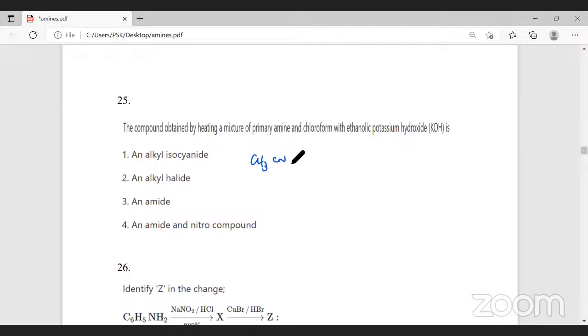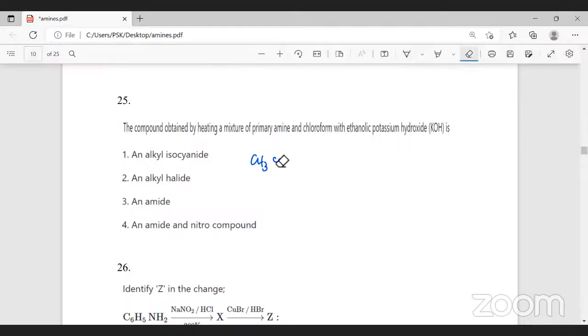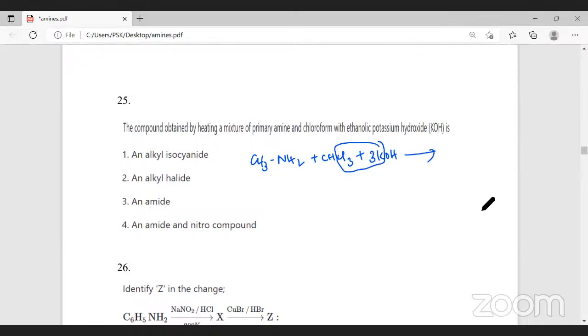Primary amine is CH3NH2. When it is allowed to react with chloroform, CHCl3, and alcoholic potassium hydroxide, 3K and 3Cl get eliminated as 3KCl.